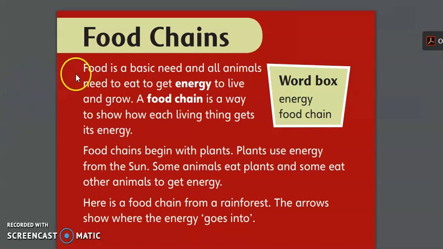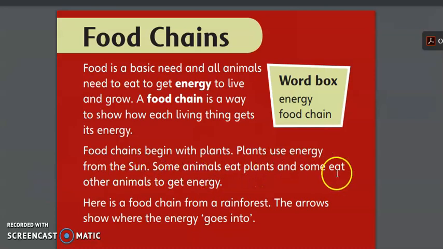And with that, we have to know that food is a basic need and all animals need to get energy to live and grow. Okay, so therefore, a food chain is a way each living thing gets its energy. So food chains begin with plants. Some animals eat plants and some eat other animals to get energy.